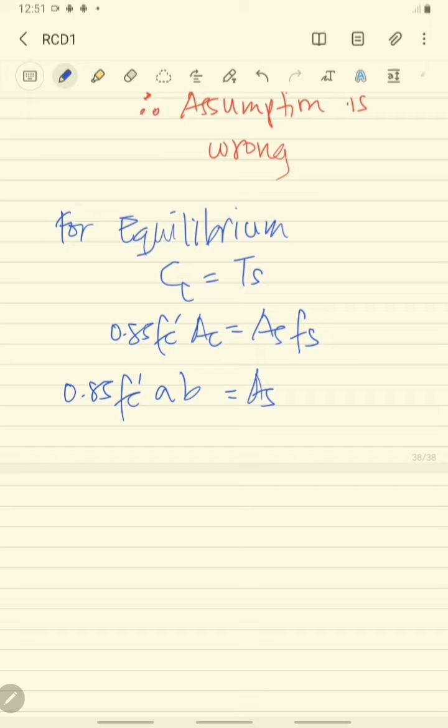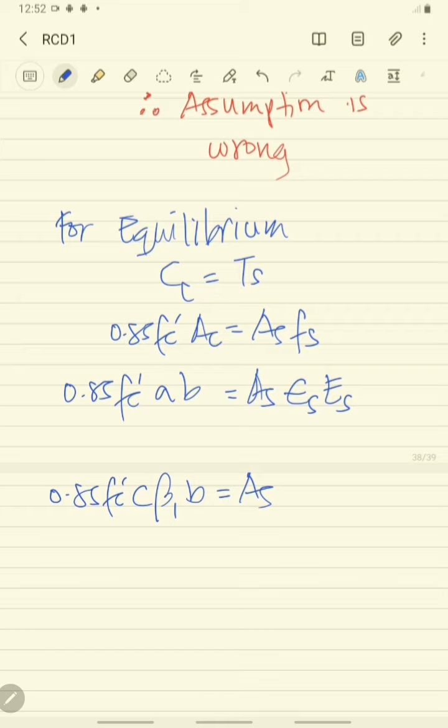Then Fs is equal to the actual strain of the steel bars times the modulus of elasticity of the steel. Our a is equal to c, the distance from the neutral axis to the extreme compression fiber, times beta 1, times b, and that is equal to As.